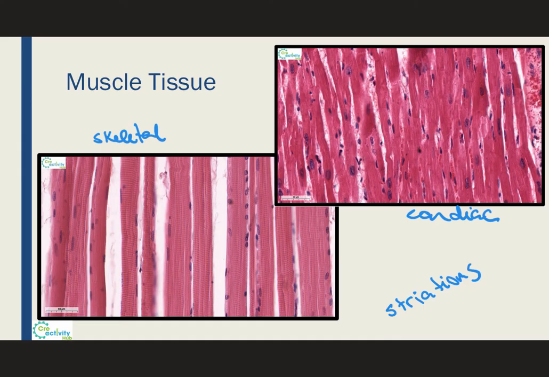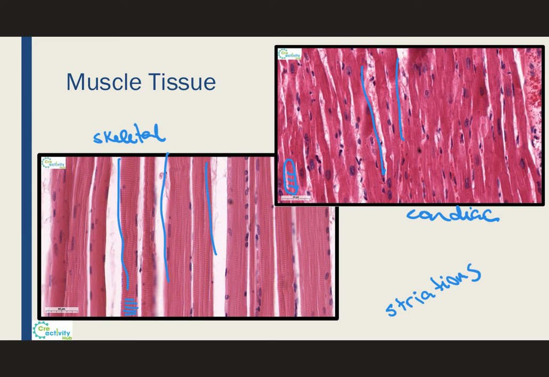Notice the cells running parallel to each other on both slides. Also notice these lines running transverse to the length of the cells. We can clearly see them over here on the skeletal muscle tissue. Since we have these 2 types of muscle tissue on the slide, let's compare the 2 so that you're able to differentiate them.